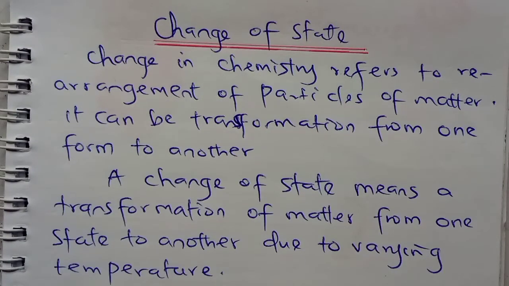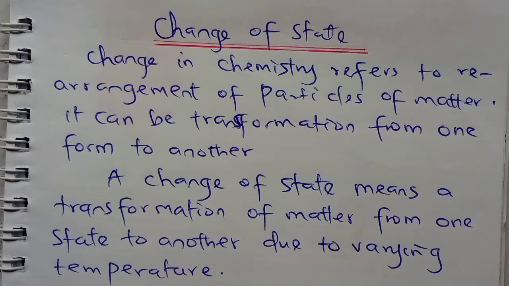A change of state means a transformation of matter from one state to another due to varying temperature. A varying temperature results in a change in heat, and that change in heat causes what we call change of state.